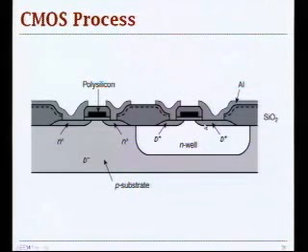So you have P plus regions that define source and drain, and you have this thick oxide in between the transistors to make sure that you really isolate source and drains of the two devices so you don't introduce parasitic devices. And you have aluminum wires that define interconnects.